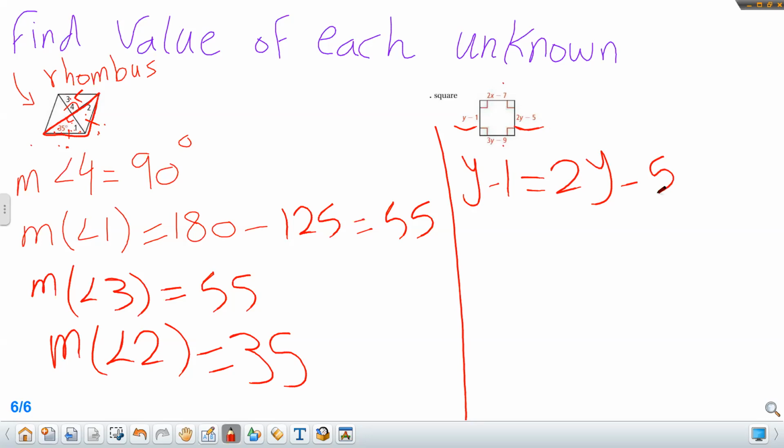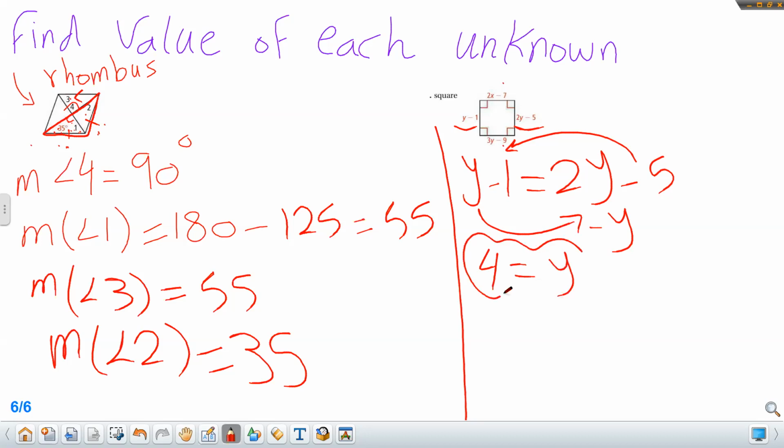To solve it, collect y on one side and the numbers on the other. Move 2y to the other side and move negative 5 to positive 5. So 5 minus 1 is 4, and 2y minus y is y, so y equals 4. Then this side equals 4 minus 1, which is 3. So the length of each side is 3 because this figure is a square.